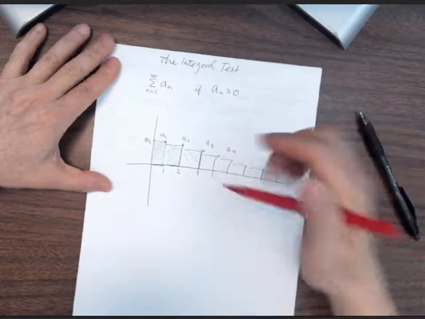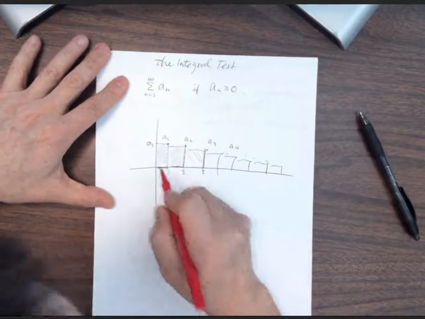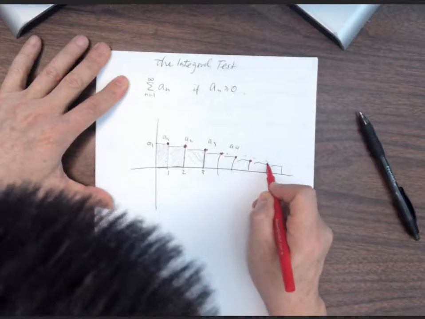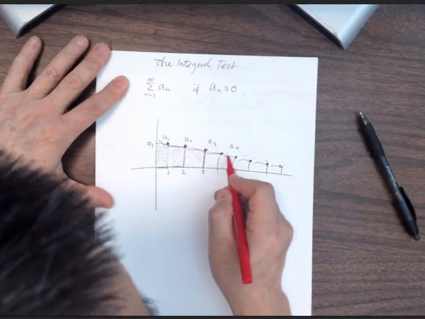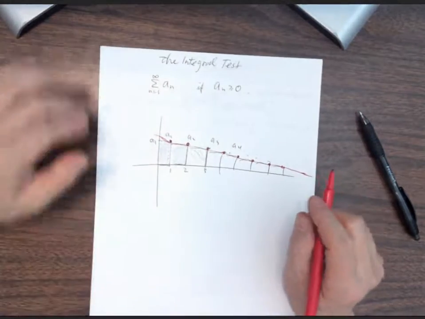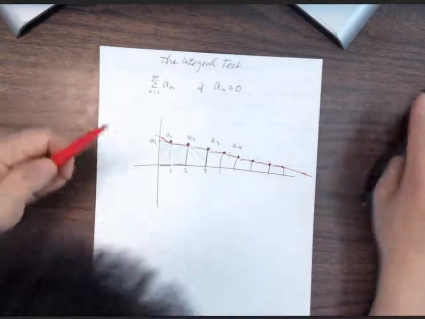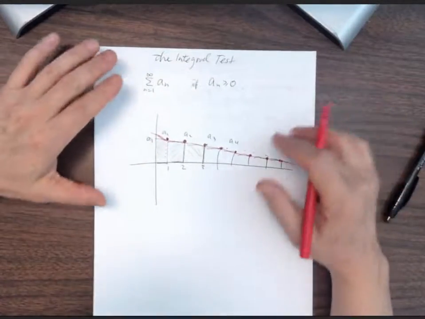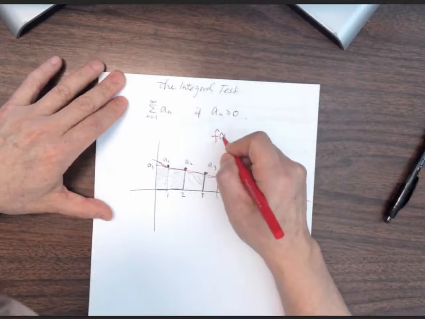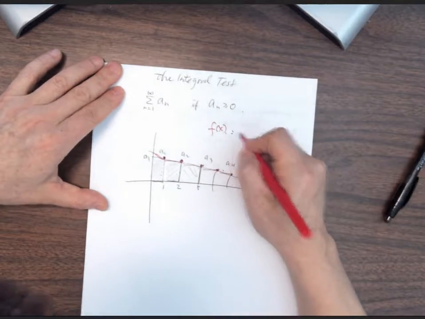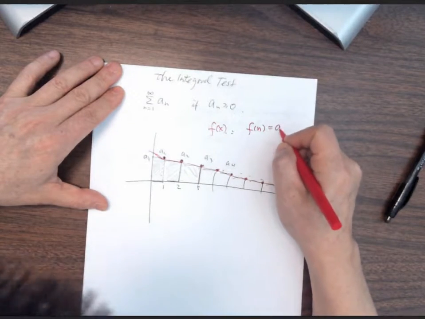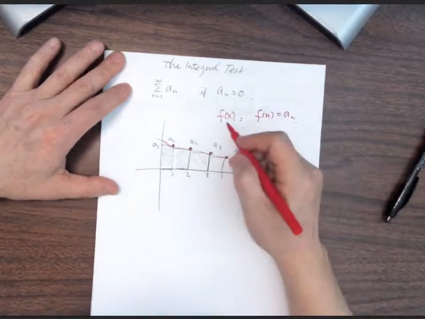Now, let's try to come up with a function whose graph goes through, say, all those points. What we can see approximately is this function would satisfy f at each location n equal to a sub n, the way we construct f.